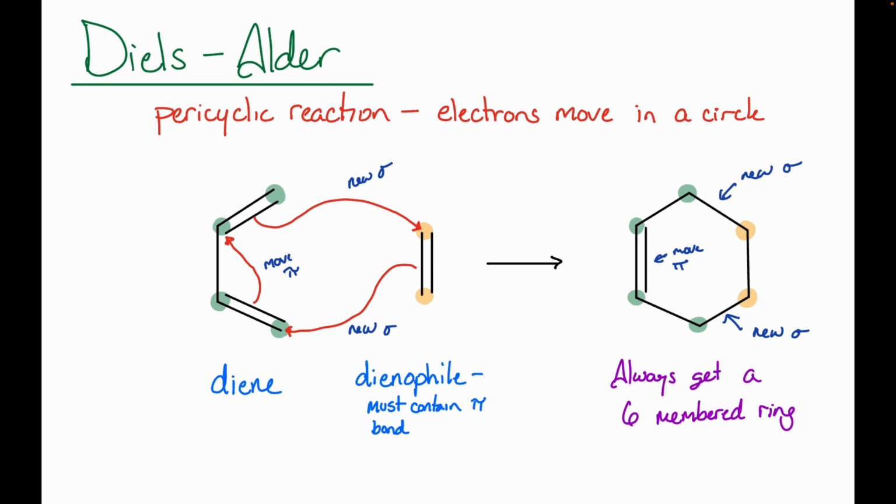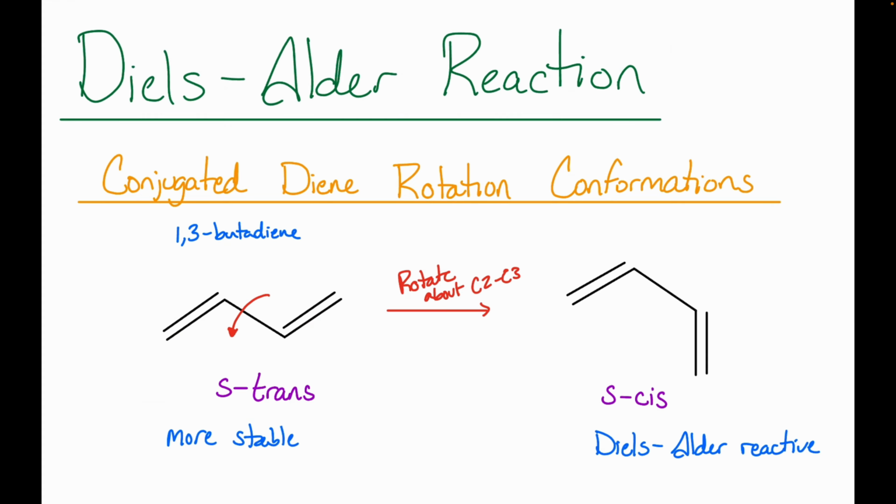Now we're going to start decorating this diene, or our dienophile, with a bunch of other carbon atoms. Same principle is going to apply, right? We're always going to form this same six-membered ring. Okay, so let's complicate things a little bit and see if we can follow along here. I'm going to keep my same orientation here just to make it a little bit simpler.